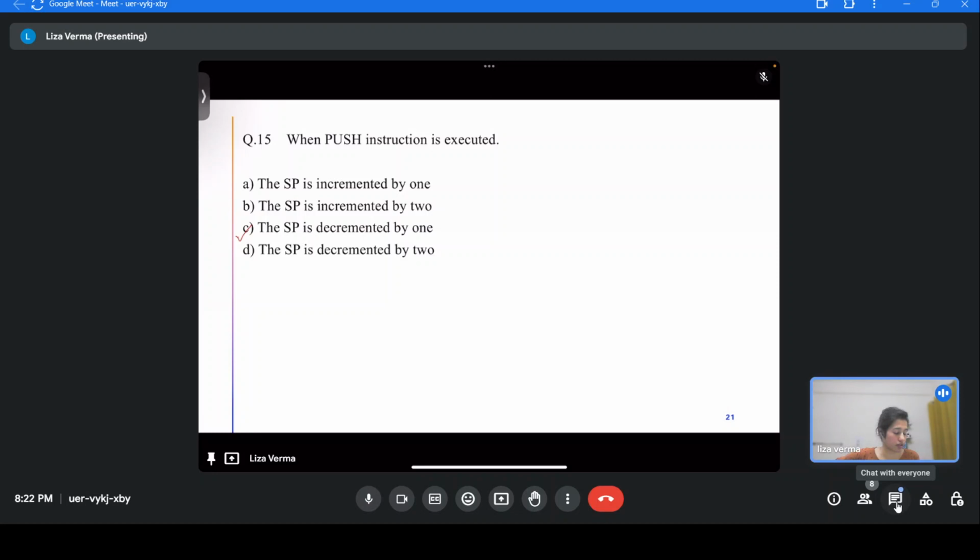Just this one register, no other register can be used. Can you name it? Register A. Yes, accumulator. So accumulator is the only register that can be used to transfer data with the external memory.